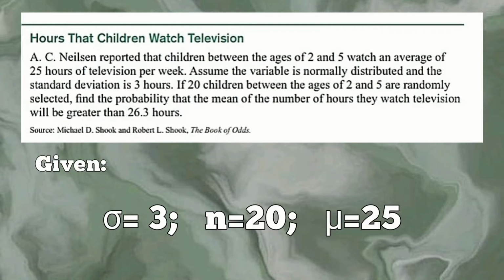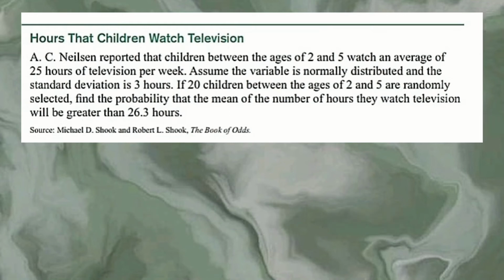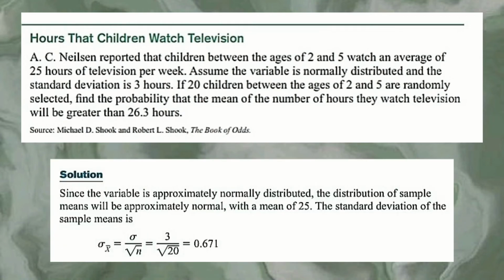So first, we have to write the given in the problem. The standard deviation, or sigma, is 3 hours. The n is 20, and the mean is 25 hours. Since the variable is approximately normally distributed, the distribution of the sample means will be approximately normal with a mean of 25.